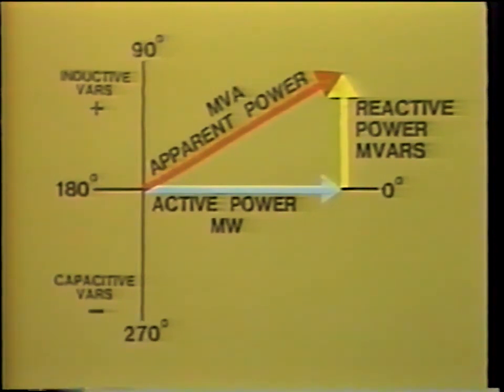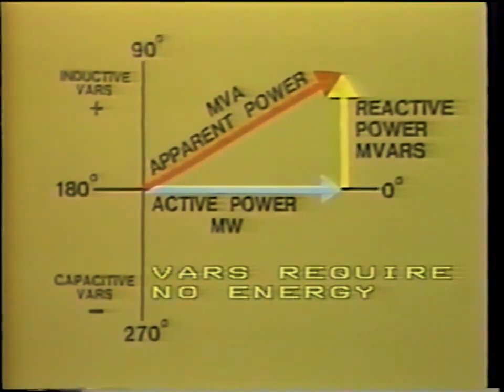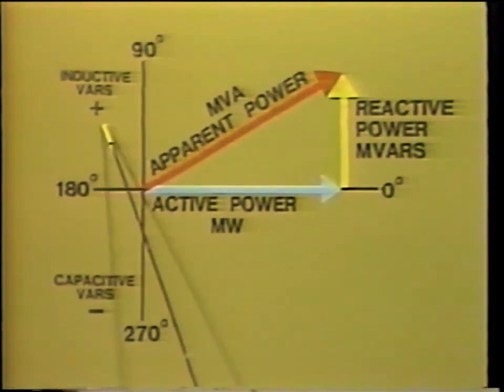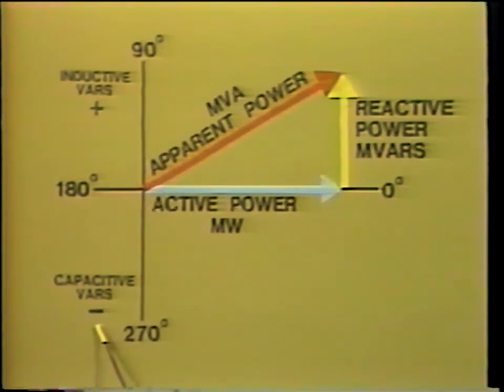VARs are a measure of how much energy is required to set up electric and magnetic fields. These VARs oscillate between the fields and the power supply. Thus, VARs require no energy. Inductive VARs are positive and capacitive VARs are negative.